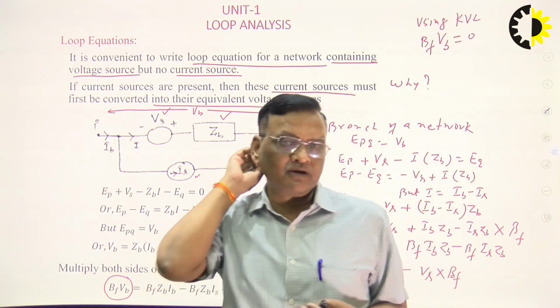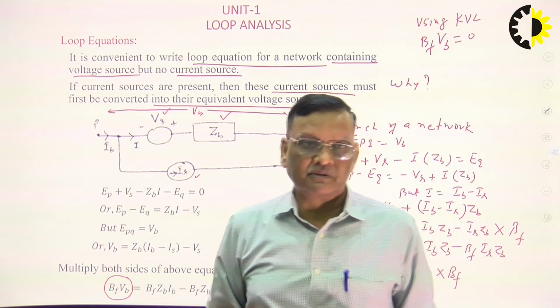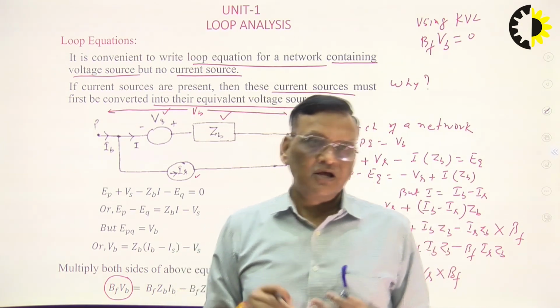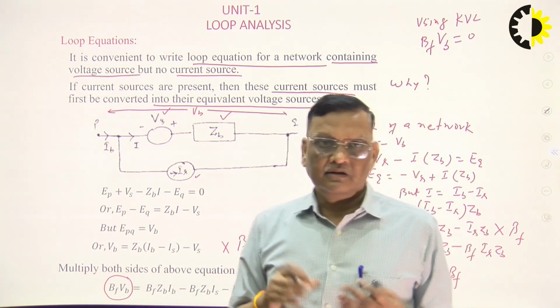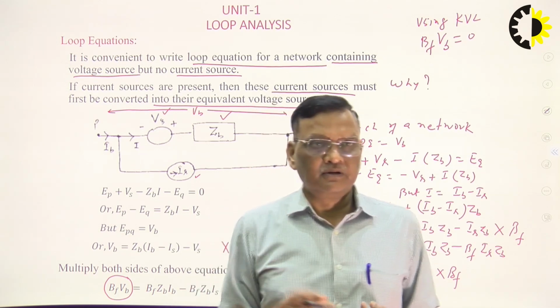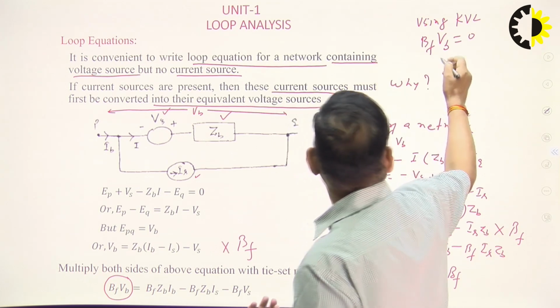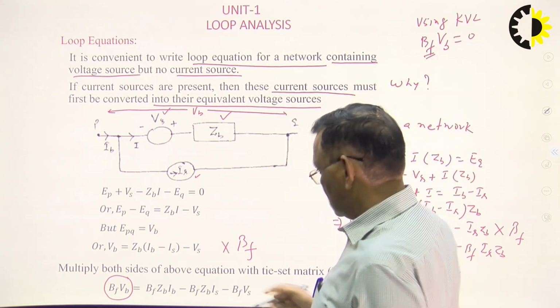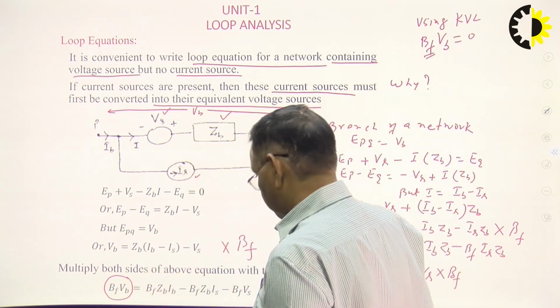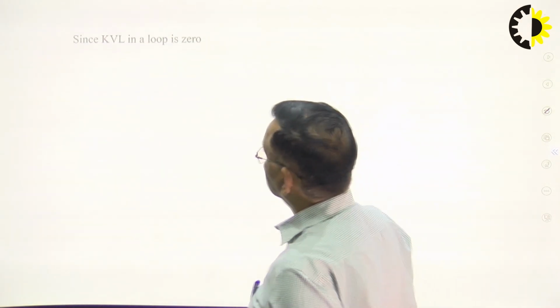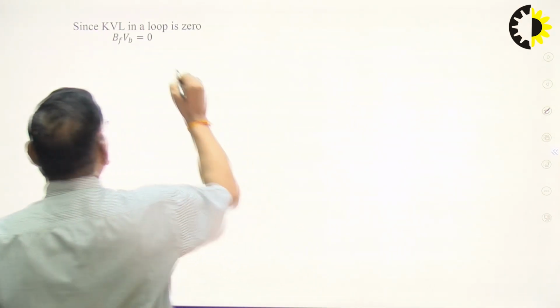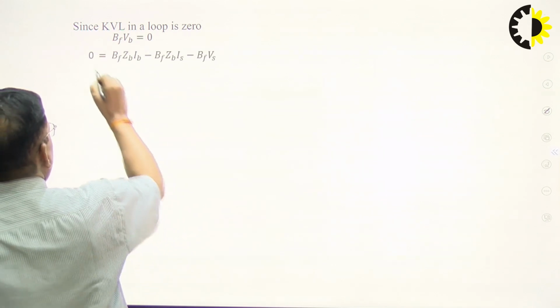If you remember, while discussing the fundamental loop matrix, we had taken a tree, then the fundamental loops, and then applied the KVLs just to get this matrix. So BF into VB is equal to 0. If you put BF VB equal to 0, the equation becomes this one.